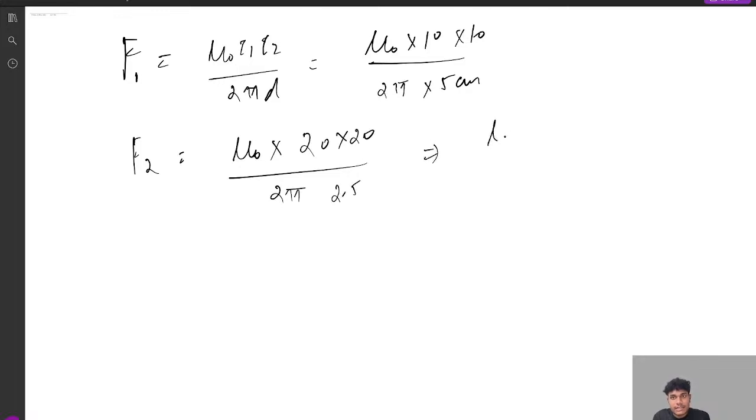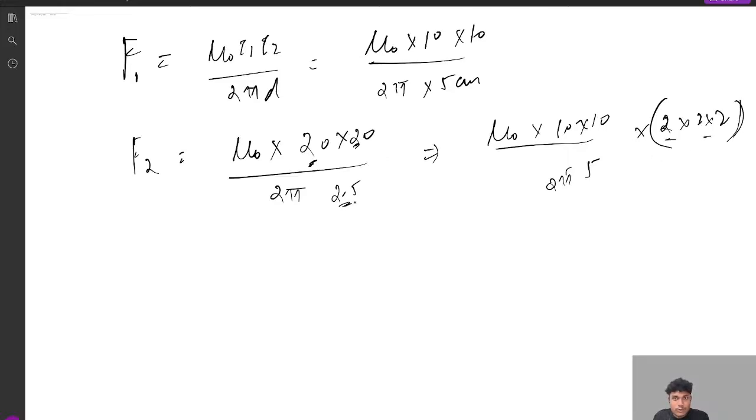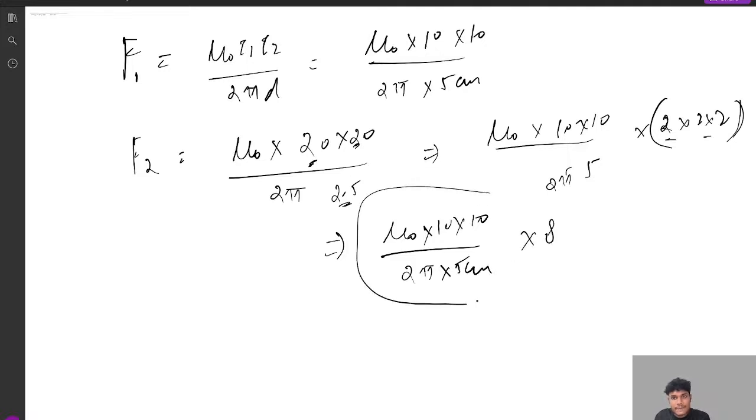From here we get, if I take this 10 into 10 in the form of F1, that is 2 pi, that is 5 upon 2, 2 goes up and 2 into 2, okay, this term is taken out. I take 2 and 2 common from here, that is 2 into 2, and 2 from here, so it will become mu naught 10 into 10 upon 2 pi into 5 centimeter, that is into 8, it is F1.